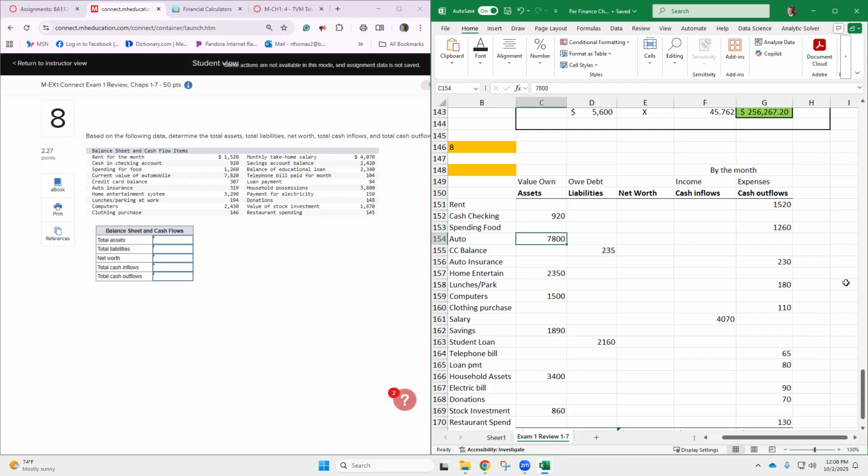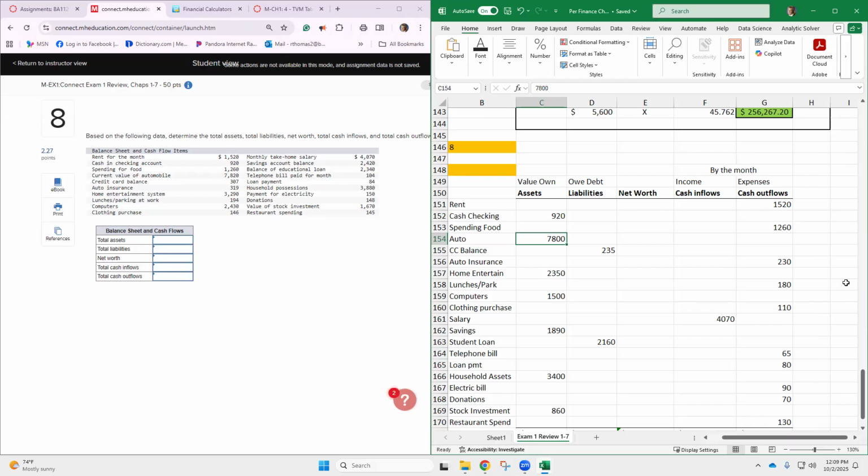My automobile. One way you can think of an asset is, can I sell it? Could I sell it for cash? Sometimes that helps a little bit. Or is it already cash, like cash in the checking account or cash in your savings account? Cash in your checking account is more liquid than the savings account. Why is that?